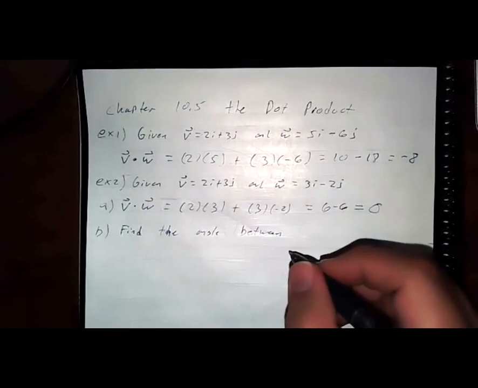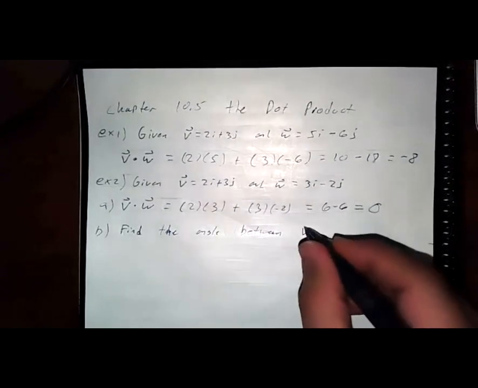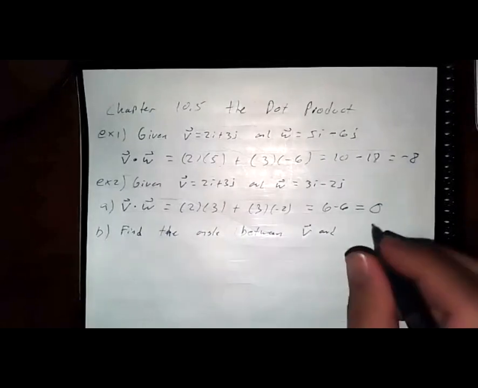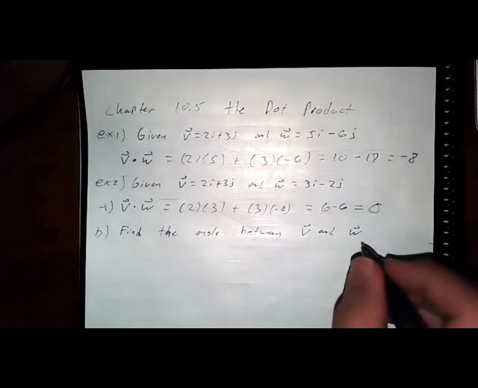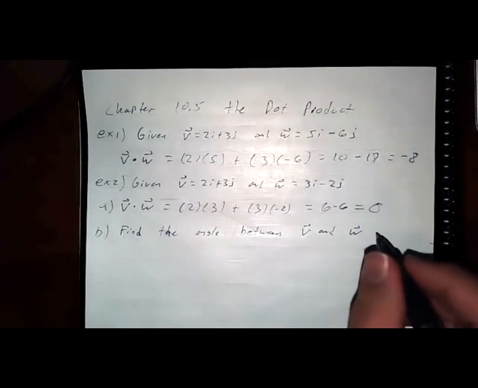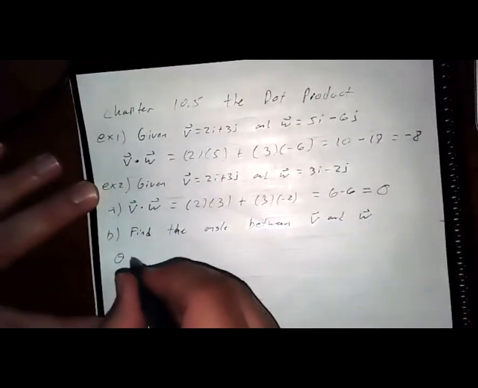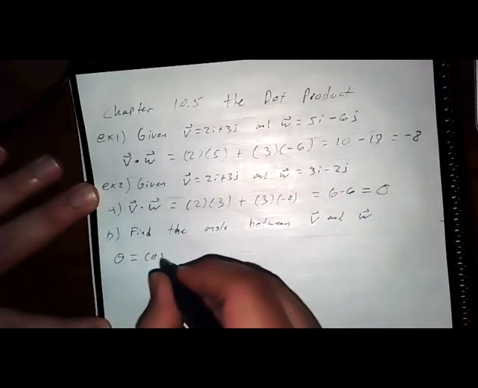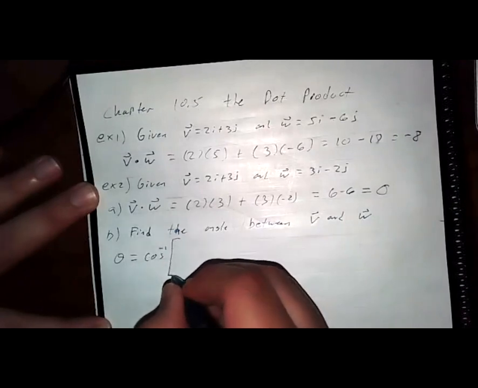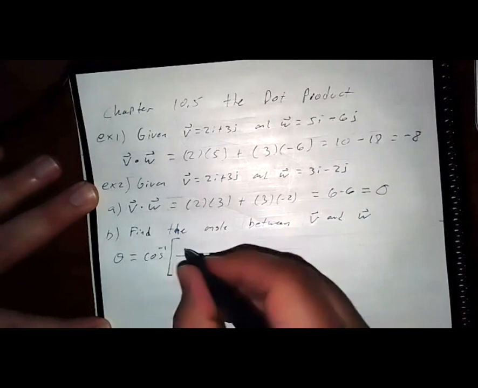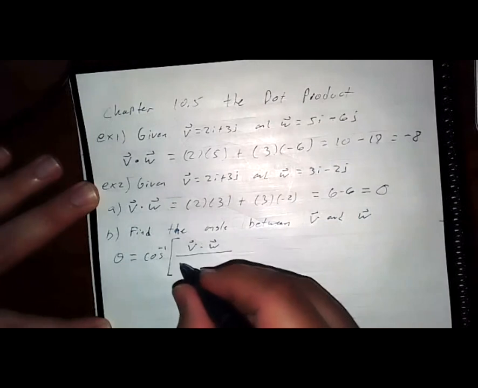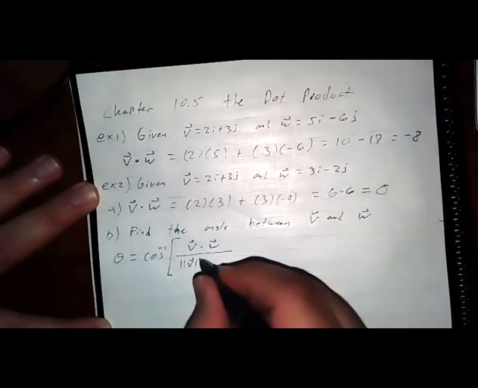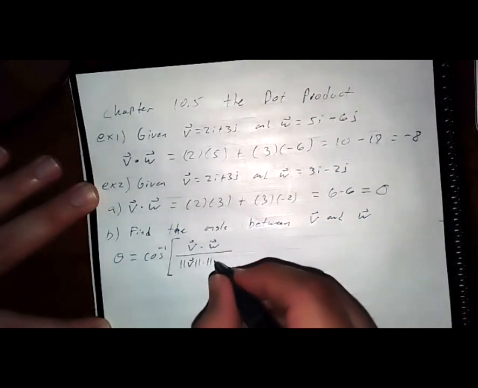So the angle theta is equal to cosine inverse of V dot W divided by the magnitude of V times the magnitude of W.